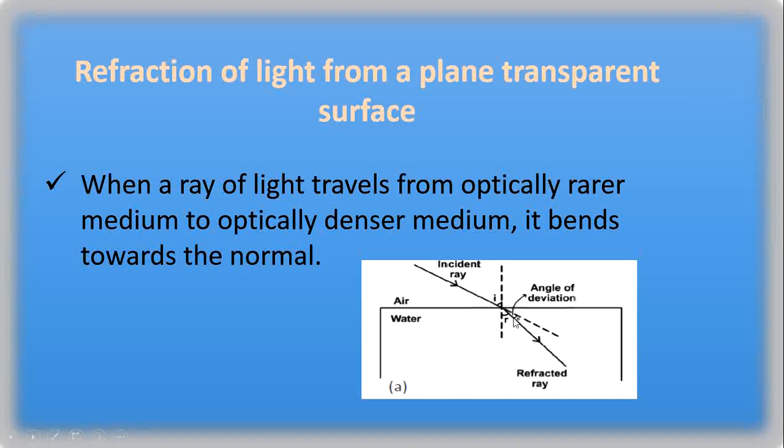Angle of incidence or angle of refraction? The angle of incidence is greater than the angle of refraction. When a ray of light travels from a rarer medium to a denser medium, it bends towards the normal, and the angle of incidence is greater than the angle of refraction.